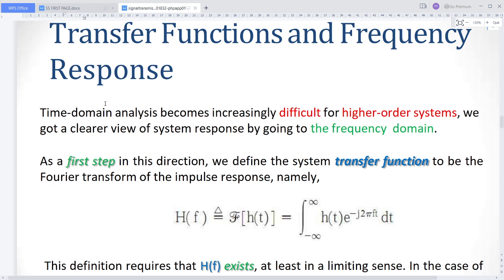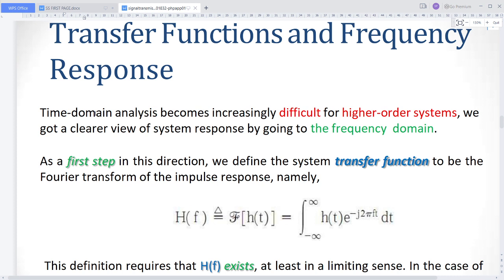Now, time domain analysis becomes increasingly difficult for higher order systems, and we get a clearer view of the system response by working in the frequency domain. I explained this at the start of the third unit, continuous time signal analysis.